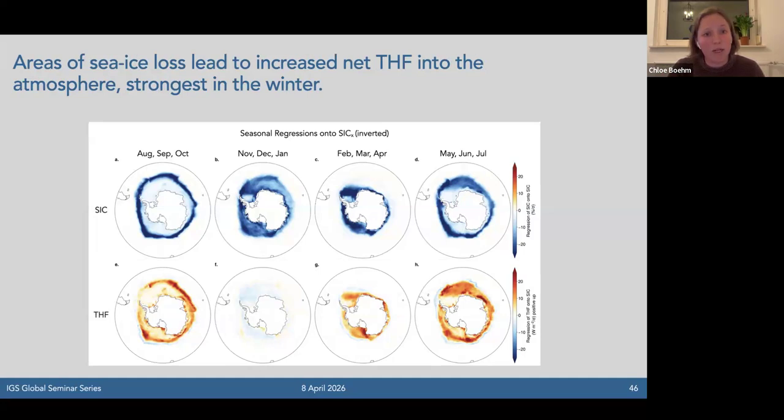This can be partially explained by the temperature differential between the ocean and the atmosphere being much bigger in the winter and much smaller in the summer. So when you remove that sea ice, you have a lot more heat going from the ocean into the atmosphere in the winter than you do in the summer. But I think it's still quite noticeable how big a difference that means the impact of sea ice loss has on the resulting turbulent heat fluxes.